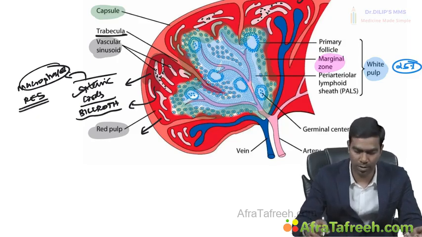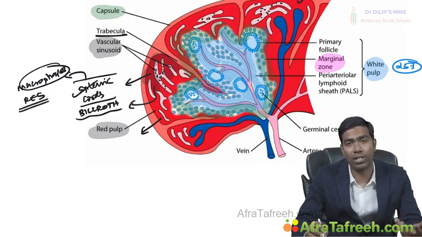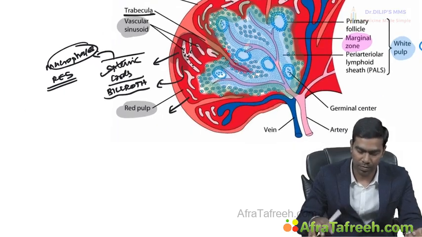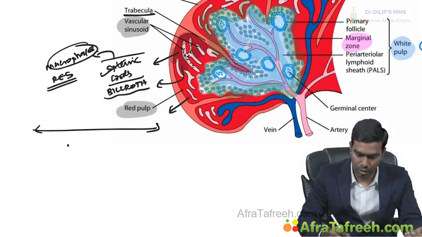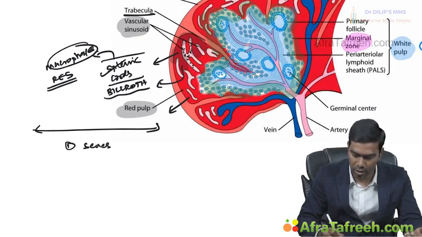The most important function of the red pulp, if you ask me, is destroying the senescent RBCs.